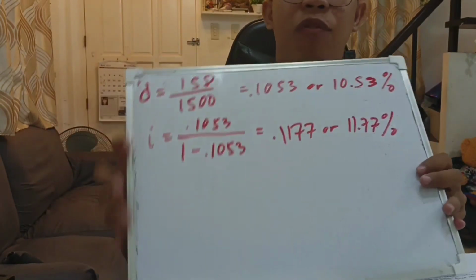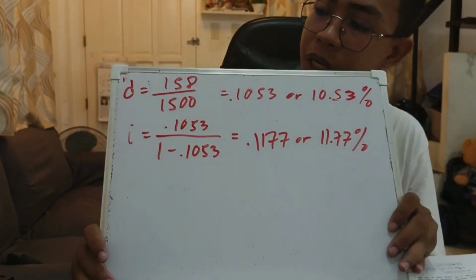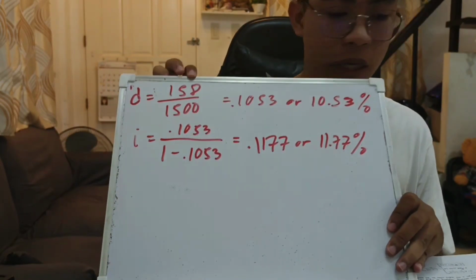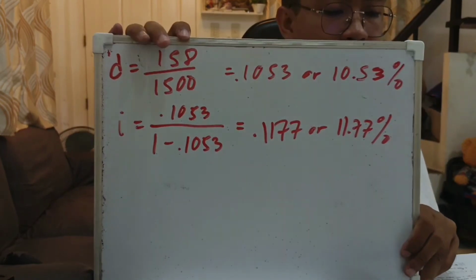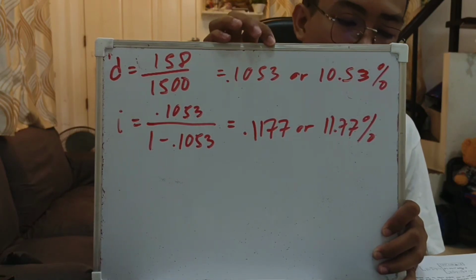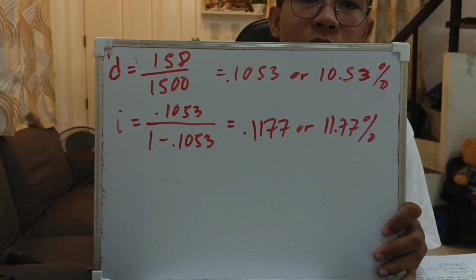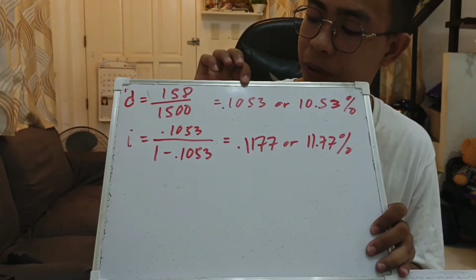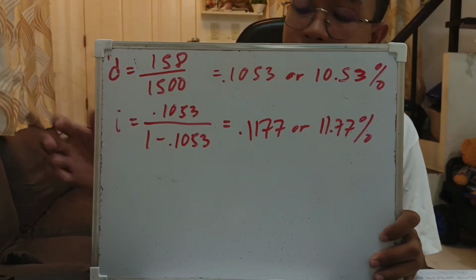The corresponding discount formula is D is equal to discount over principal. Our discount here is 158 over our principal 1,500, and so we'll be getting 0.1053 or 10.53%. So you just have to multiply this by 100 to get its percentage. And next is the interest rate.